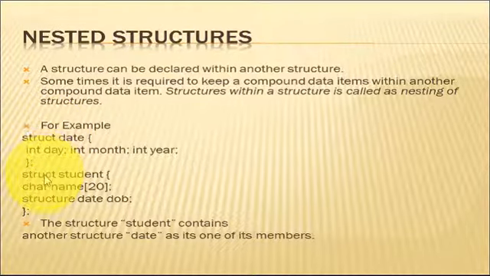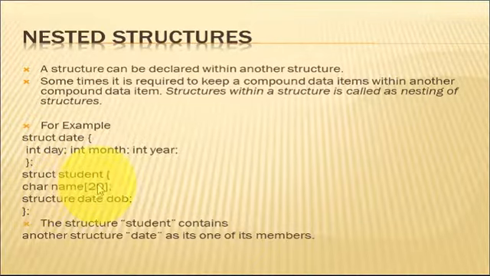Then we are creating one more structure, and the name of the structure is student. Struct student has 2 data members. One is the name of the student, an array of characters, name with character data type, here the size is 20. Then we are importing the date structure here, struct date dob.